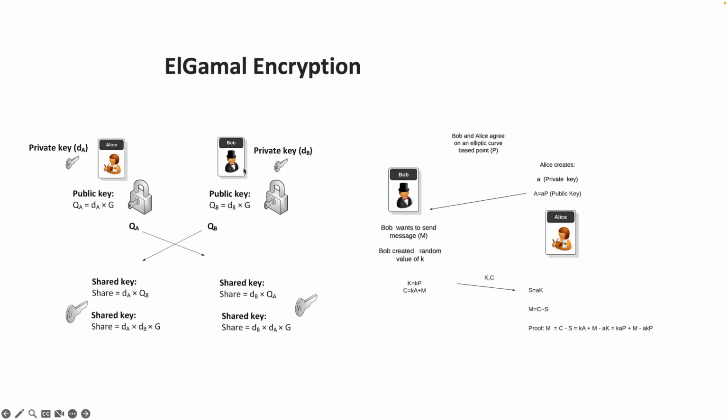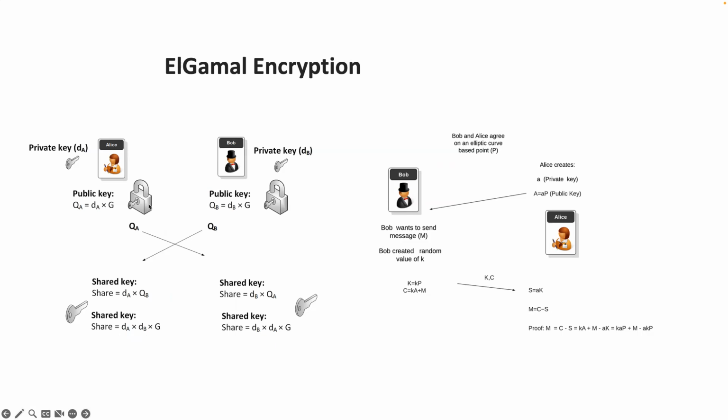The amazing thing here is that anybody who can eavesdrop, who can listen to or intercept this communication channel, these kinds of attackers don't know what the common secret is, right? So this is the most amazing thing about this key exchange. You exchange only the public key part, so any attacker can capture this, and they don't know what the final thing is.